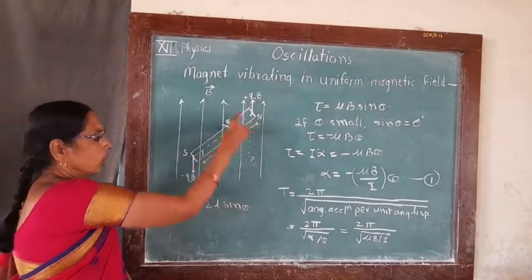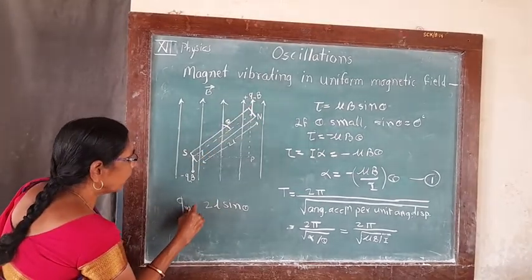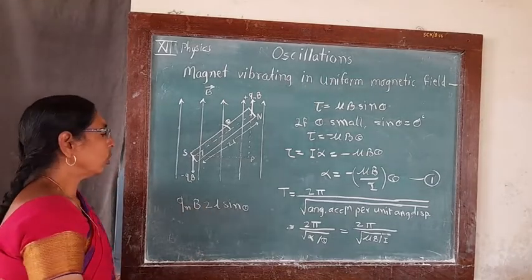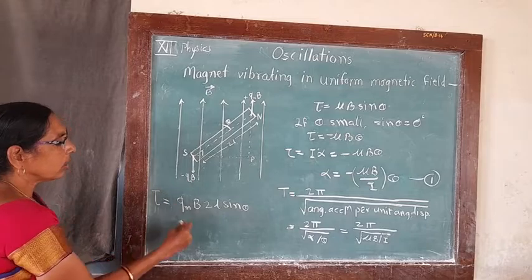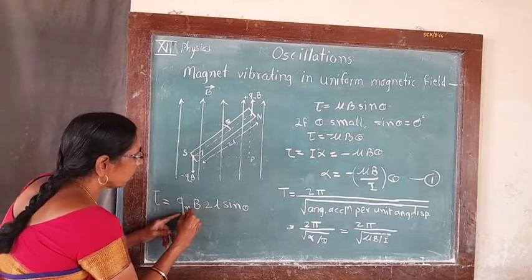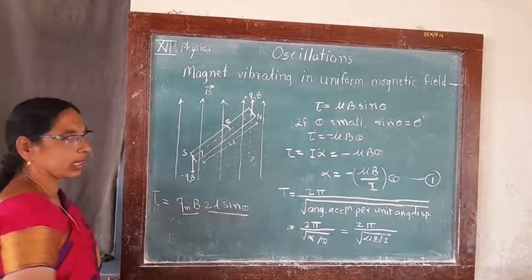So one of the forces is Qm into B, and the restoring torque acting on this bar magnet is one of the forces into the perpendicular distance.